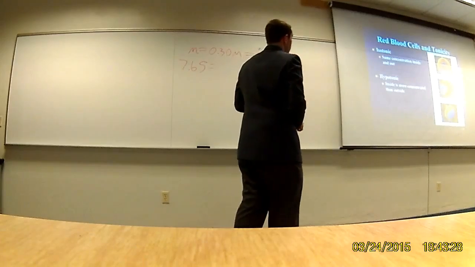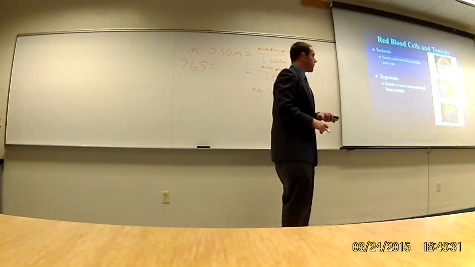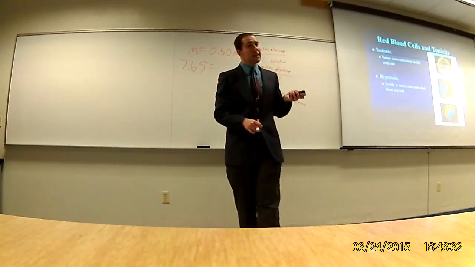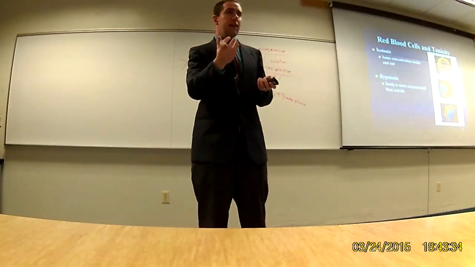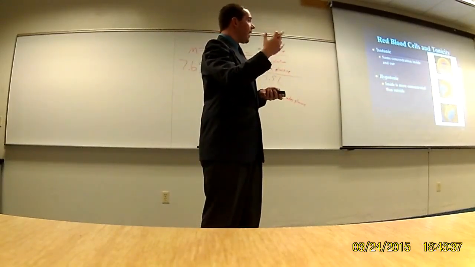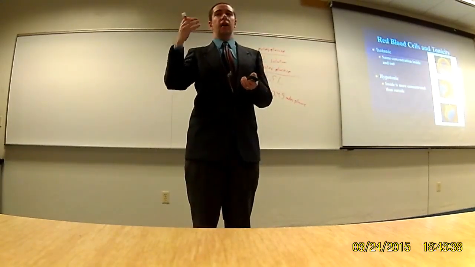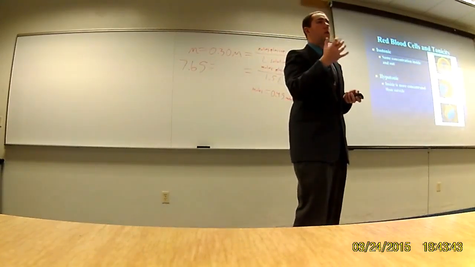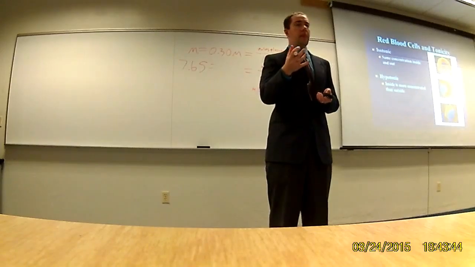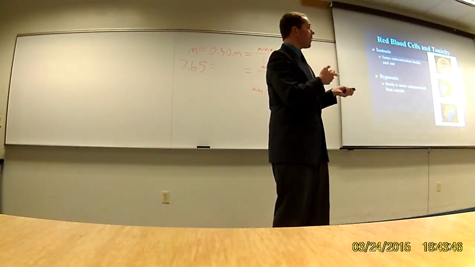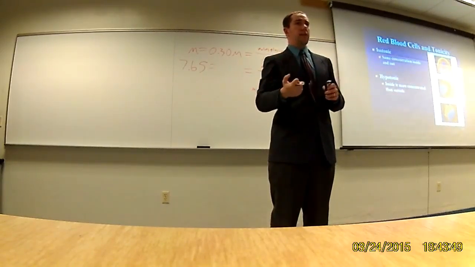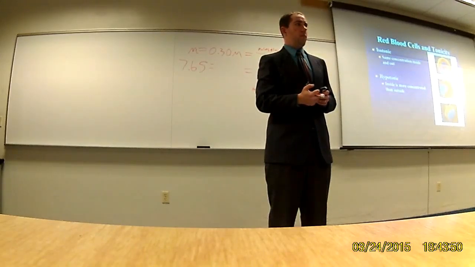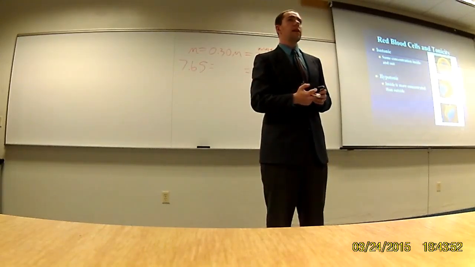If we put it in something called a hypotonic solution, in this case, the concentration inside the cell is higher than the concentration outside the cell. And we said that the water wants to go where the solute is. In this situation, where is the solute? Inside or outside? Inside.